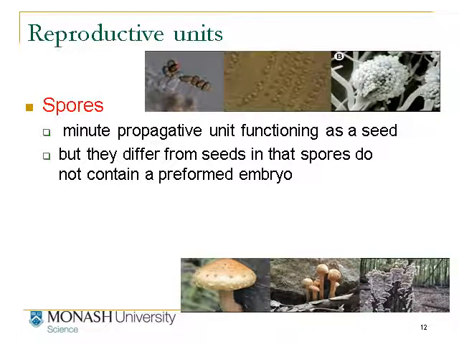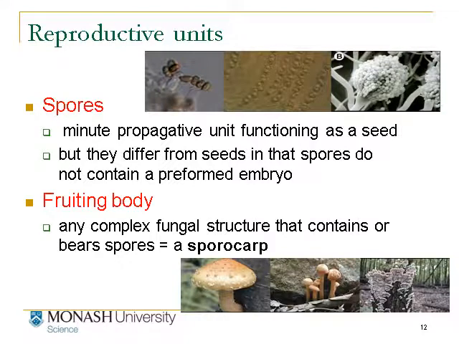Two main reproductive units are spores and fruiting bodies. Spores are carried by fungi, all fungi, as the minute propagative unit functioning as a seed, but they differ from seeds in that spores do not contain a preformed embryo.